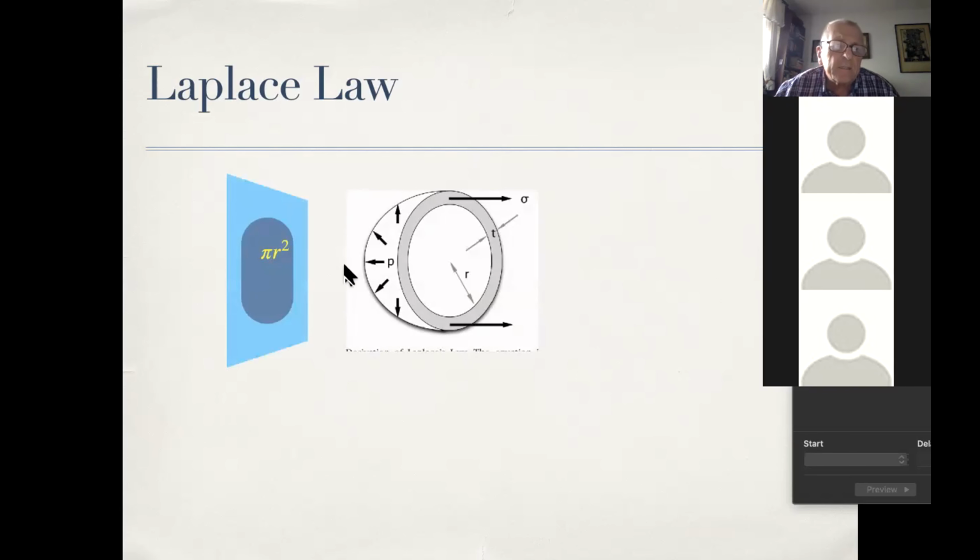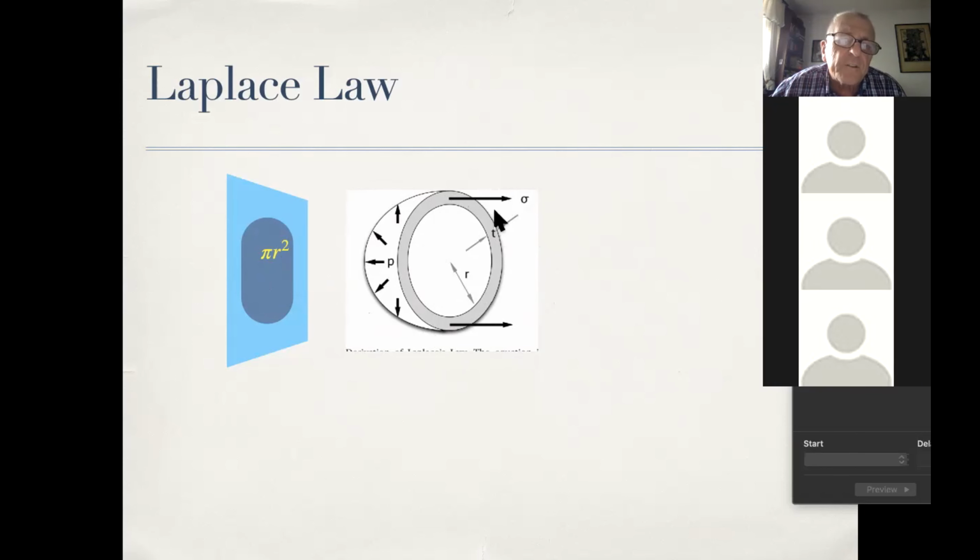To find out what that value is, I take my sphere and I cut it in half. I do the Gedanken experiment, a mental experiment. I cut the liquid drop in half, and this half of the droplet, as projected on a flat surface, has the area of a circle, proportional to pi r squared.